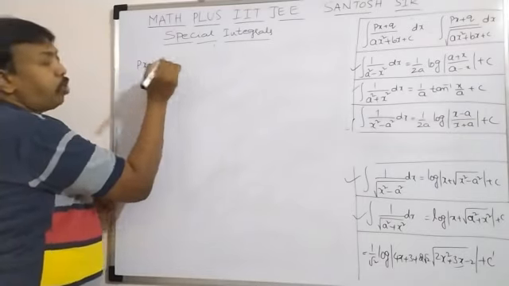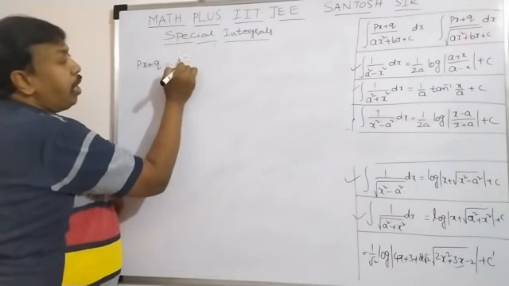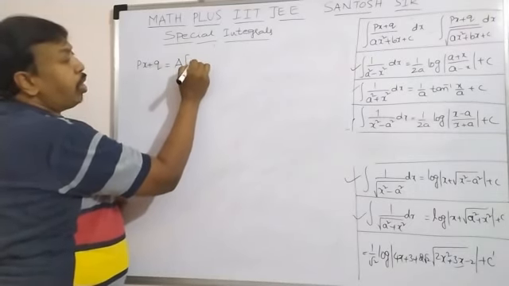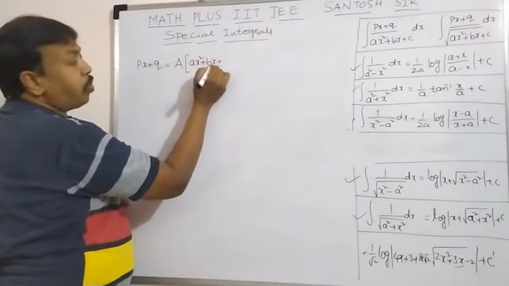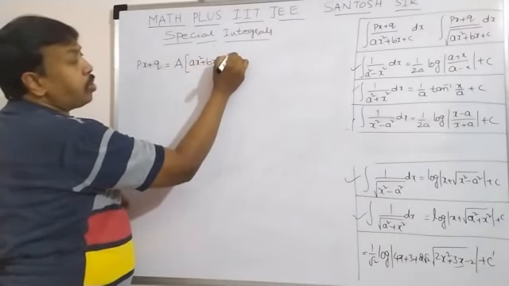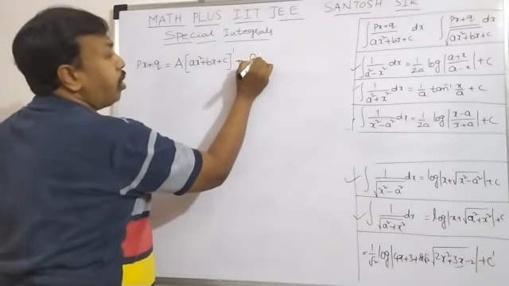This method we need to remember. Px plus q is equal to capital A into the quadratic, whatever the quadratic is given, ax square plus bx plus c whole derivative plus b.